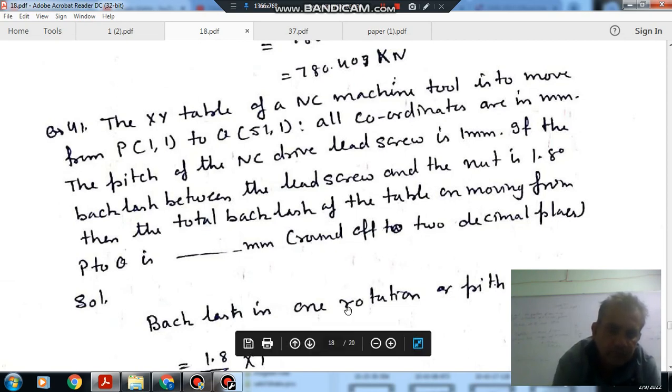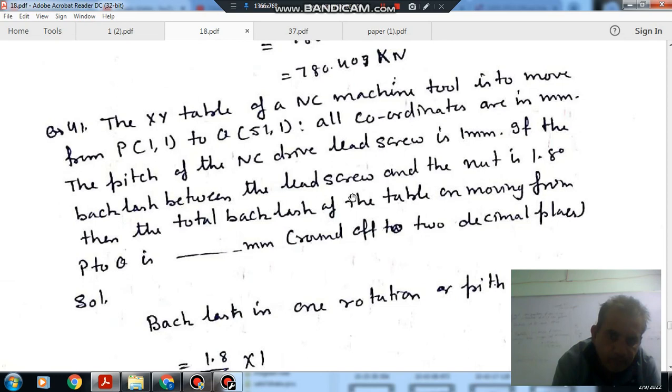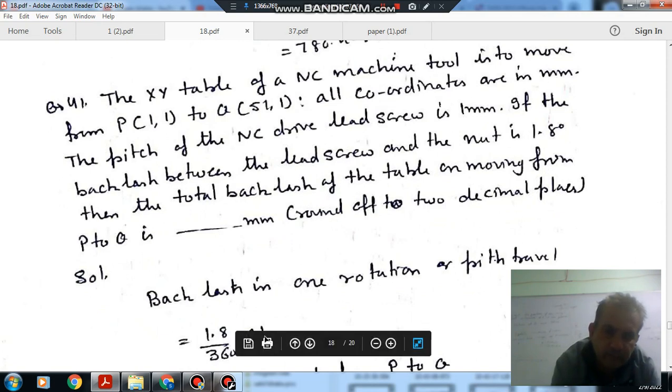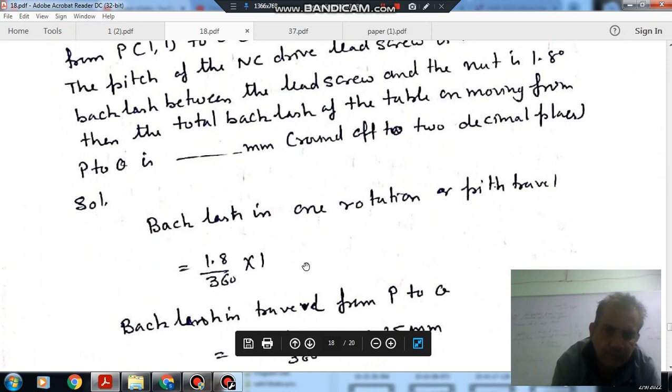Now the backlash is given as 1.8 degree. In one rotation the lead screw moves by 1 mm, so the backlash is 1.8 by 360 into 1. Okay, so this is the backlash for 1 mm.